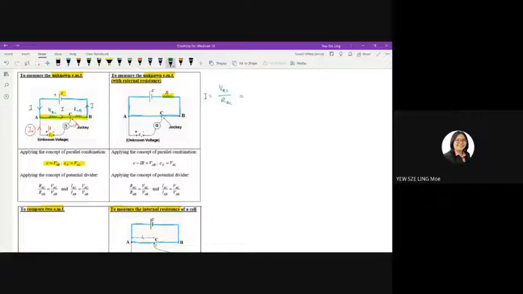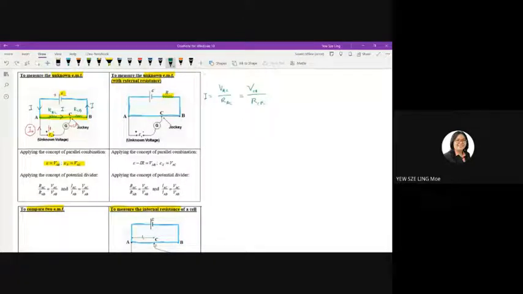So we can imagine there are two imaginary resistors right here. Other than VAC over RAC, it is also equal to VCB over RCB. I'm following the sequence here.